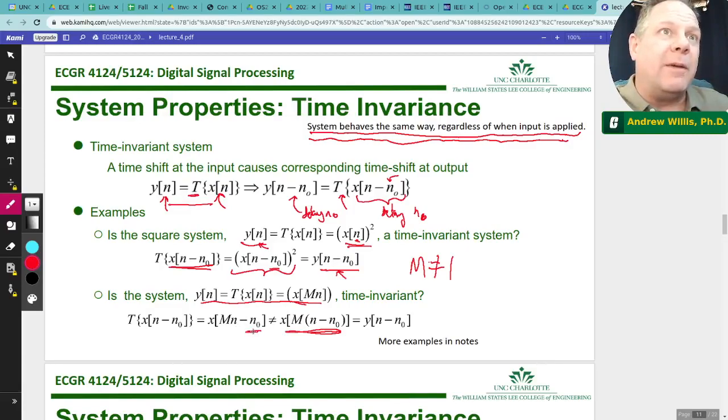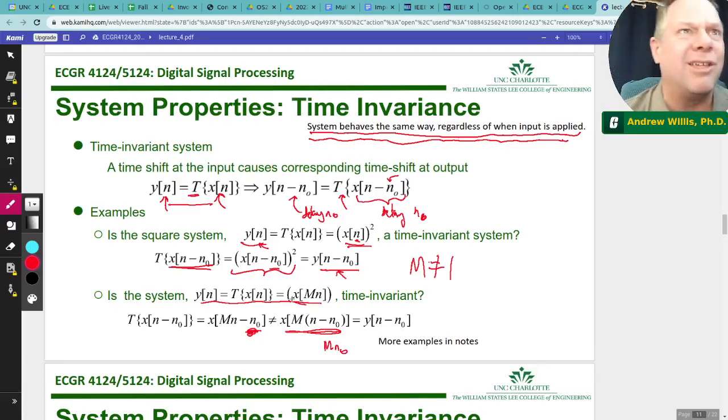It's actually occurring at a different time. It's occurring at m n naught, and not just n naught. So that means that it's shifted in time as well. So what does that mean about the time compression or time expansion? Well, it's not time invariant, and you can kind of guess that that might be the case because it's actually changing the time axis.